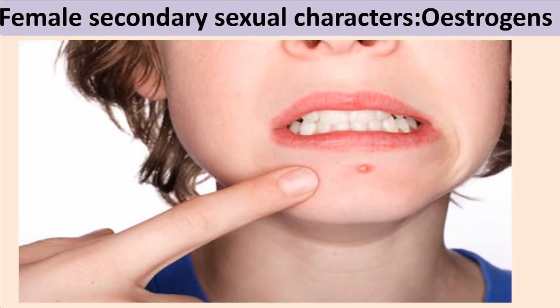In the female, secondary sexual characters are mainly because of a group of hormones called estrogens, including estradiol, progesterone, luteinizing hormone and lactating hormone. For example, the formation of pimples is one of the secondary sexual characters.